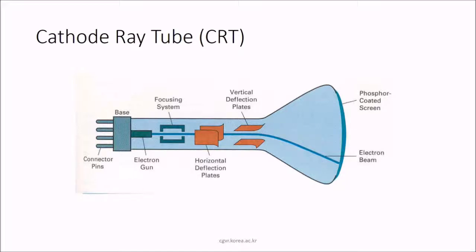This is an example of a CRT. Now, CRTs are almost obsolete, but some people still use them, so we should know the technology. Here we have the connector pins and the focusing system. The electron gun sends electrons; this is the horizontal deflection plane and this is the vertical deflection plane, and depending upon the charges, the beam will bend in a certain way.